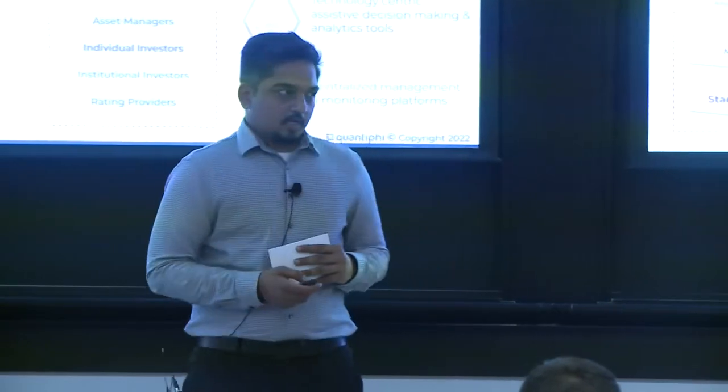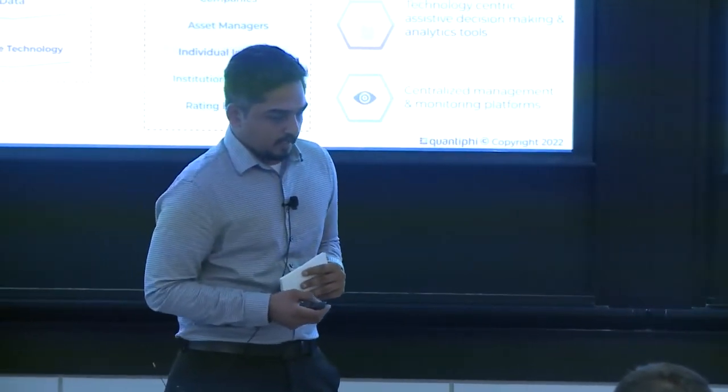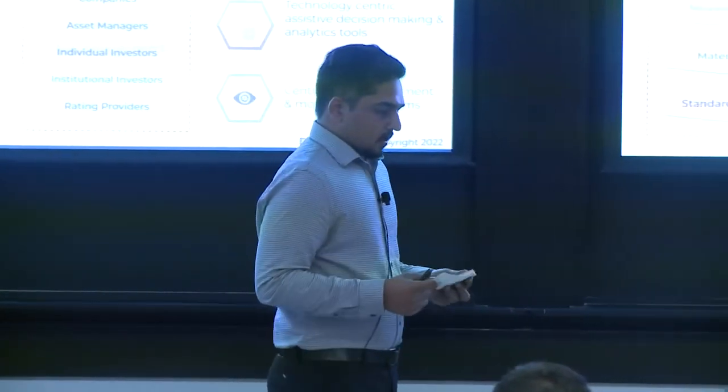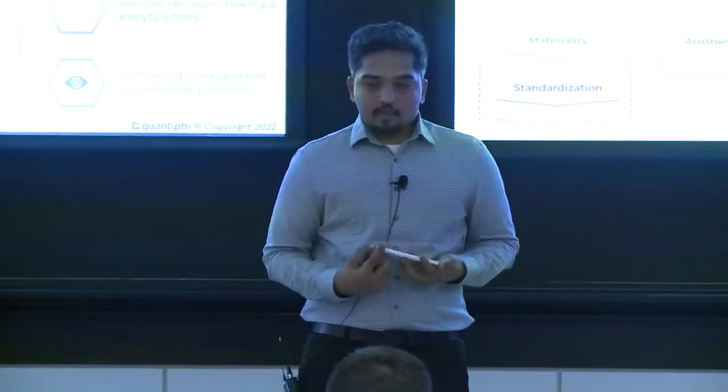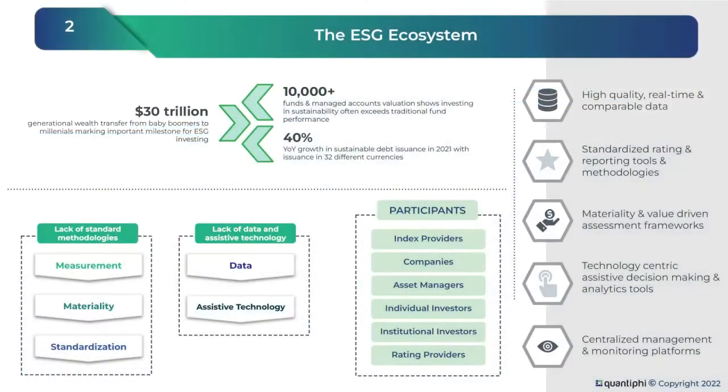Getting into the topic for today, the ESG ecosystem, that we want to understand how AI can enable and empower the ecosystem here. As most of you will be aware, ESG as a concept has evolved over decades, and more so in the last decade itself.